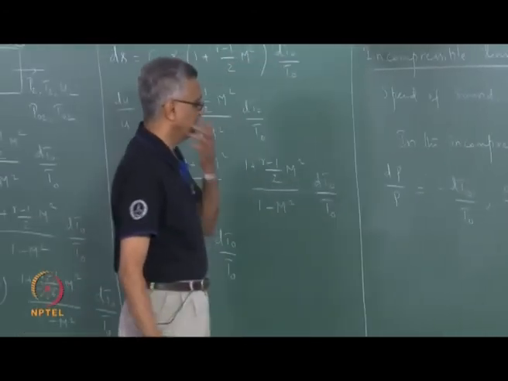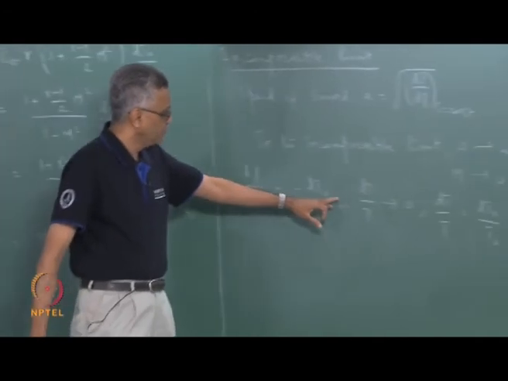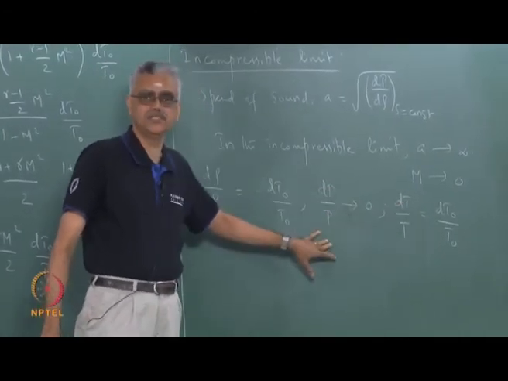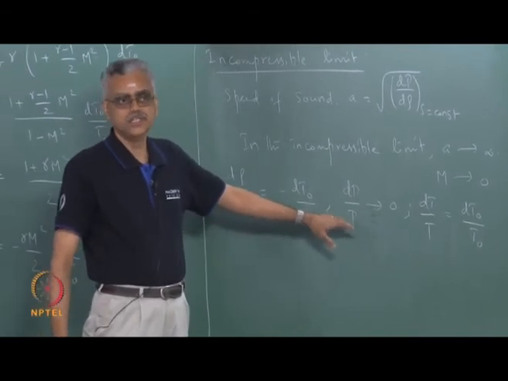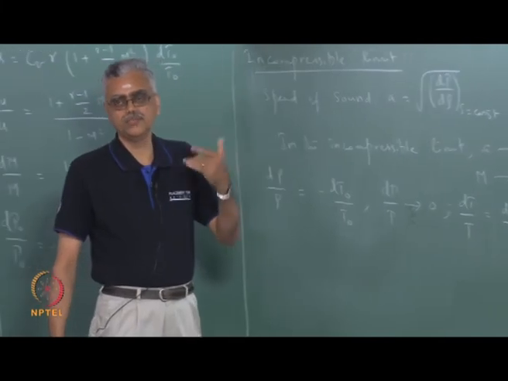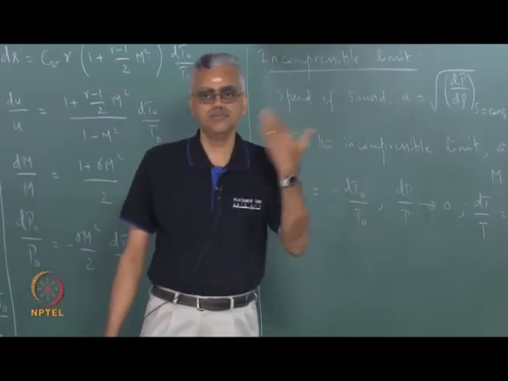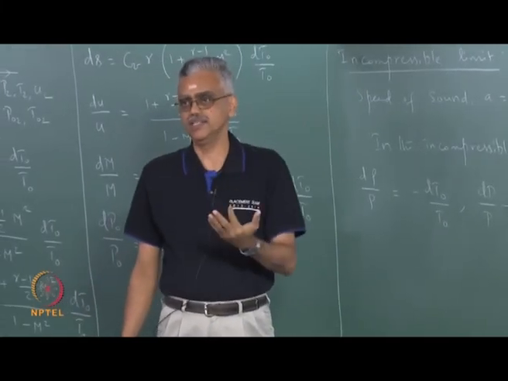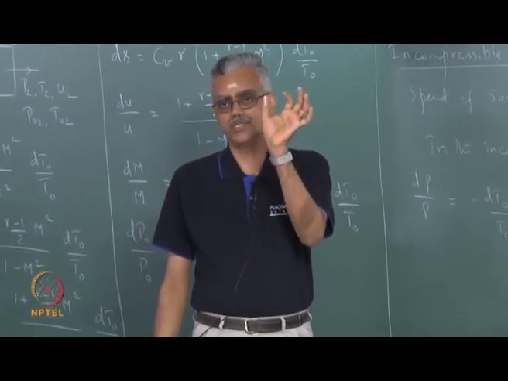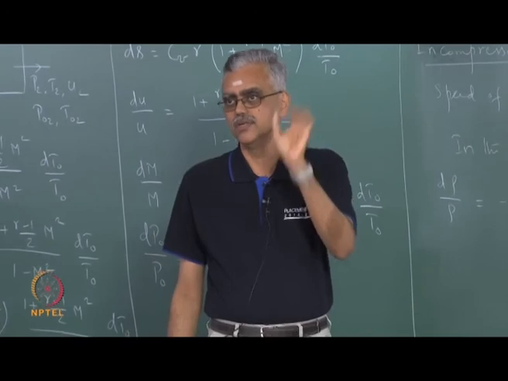So you see mathematically that for an incompressible fluid, addition of heat, dT naught positive, does not cause a change in pressure. Which was why, if you remember, we drew the temperature variation along the length of the aircraft gas turbine engine, and you remember that in the combustor the pressure remained more or less constant. This tells you why.